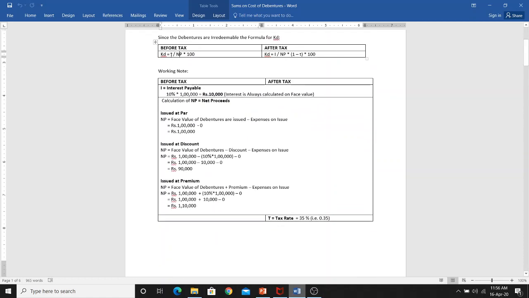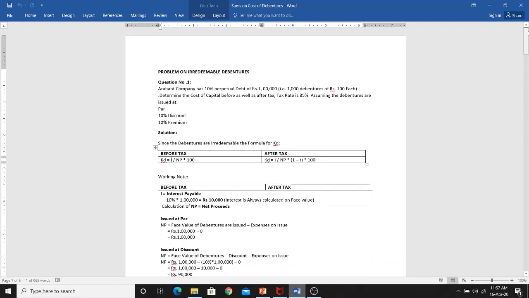First, we want the value of interest payable. Interest payable is nothing but 10% of 1 lakh. Always remember, the interest rate is prefixed before the name of the debenture.